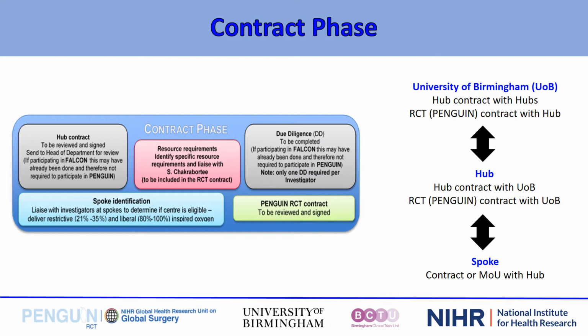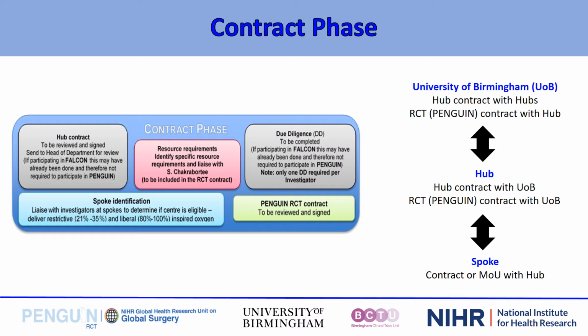A hub contract between the University of Birmingham and the hub is required for the trial. If a hub has participated in or is participating in Falcon or Cheetah, the contracts between the University of Birmingham and the hub institutions should already be in place.